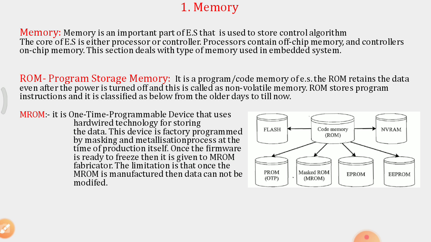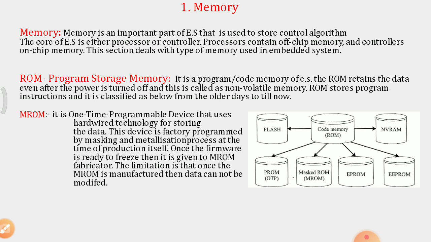So this device is factory programmed by masking and metallization process at the time of production itself. So once the firmware is ready by the user to freeze, then it is given to MROM fabricator, the factory. The limitation is that once the MROM is manufactured, then the data cannot be modified.